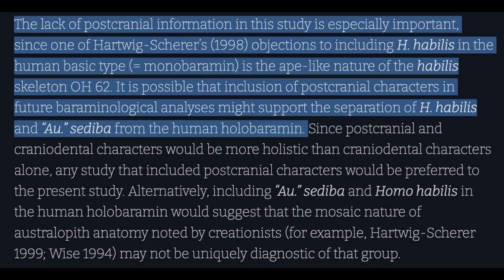The lack of postcranial information in the study is especially important, since one of Hartwig's 1998 objections to including Habilis in the human basic type, Monobaramin, is the ape-like nature of Habilis skeleton OH62. It is possible that inclusion of postcranial characters in future baraminological analysis might support the separation of Habilis and Sediba from the human holobaramin.